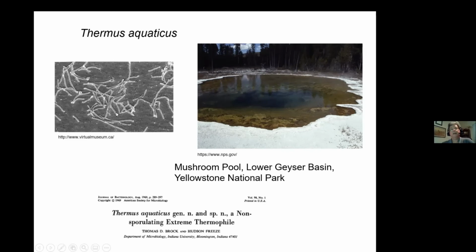Since this has been adapted to living in these hot springs, and the hot springs are like 95, 96 degrees centigrade, they must be able to stay alive. They must be able to make new cells, so they must be able to reproduce and replicate their DNA. So when the DNA polymerase was isolated from Thermus aquaticus, they found, as expected, that you could heat this one up and it wouldn't denature. It wouldn't become a fried egg. It would just continue to work.